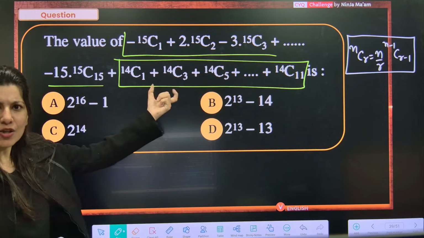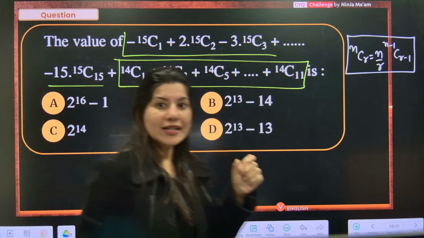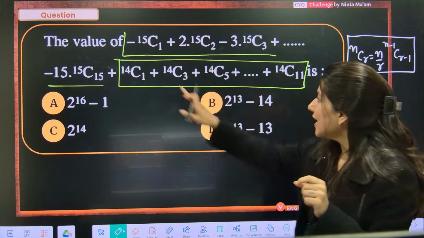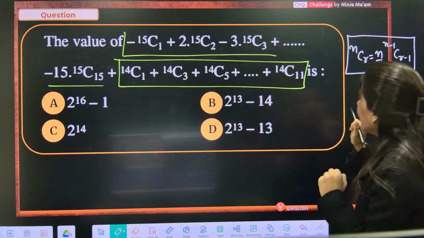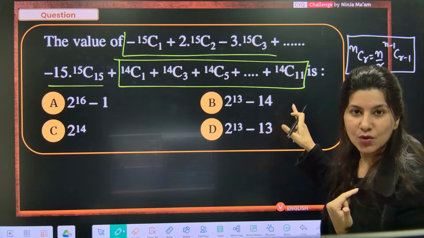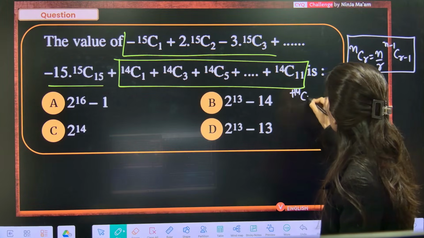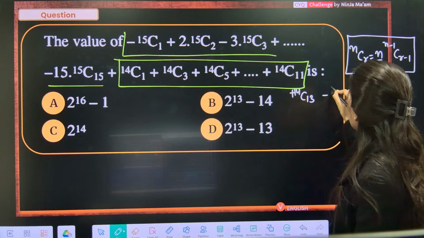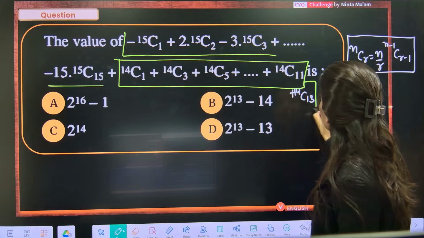Let us focus on this one. Do you remember in the beginning I told you all the odd indexes, NC1, NC3, NC5, and last it should be 14C13, which is missing over here. Can you see? So if you add 14C13, your series will get completed, minus 14C13.